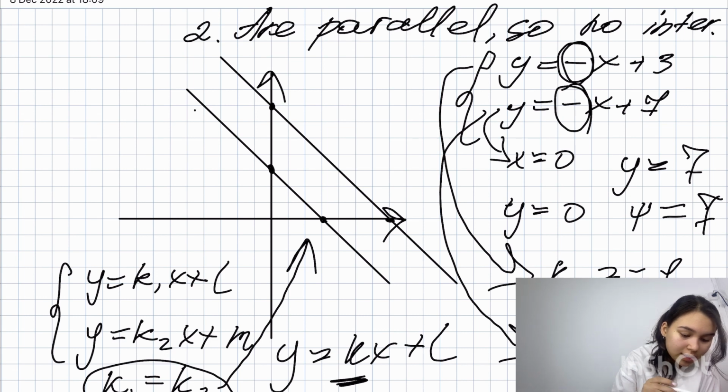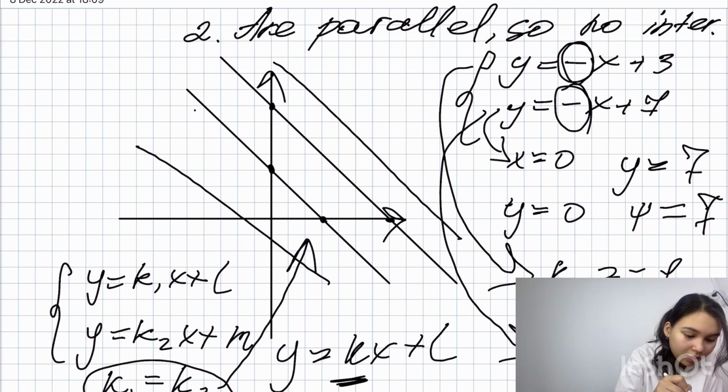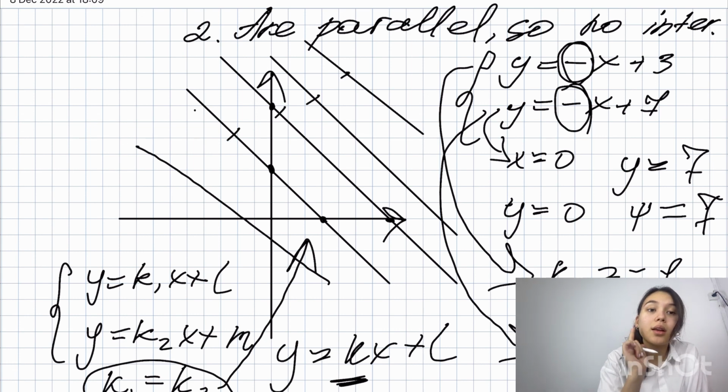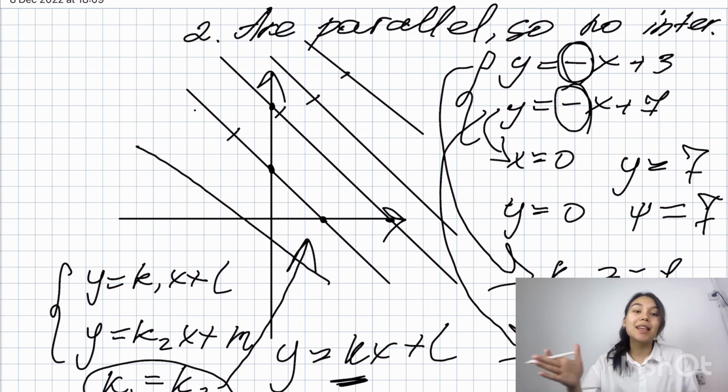This is also parallel, and all of them have one coefficient equal to -1.